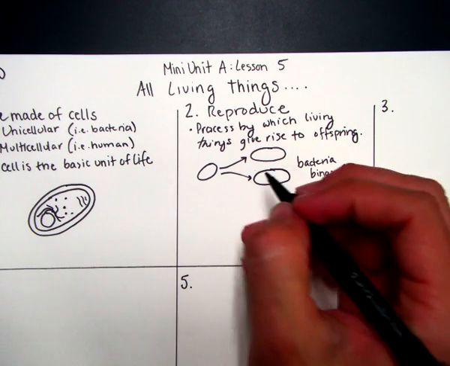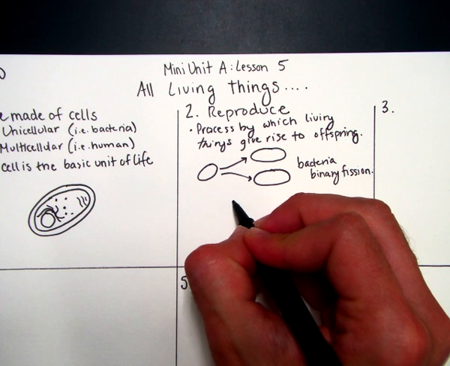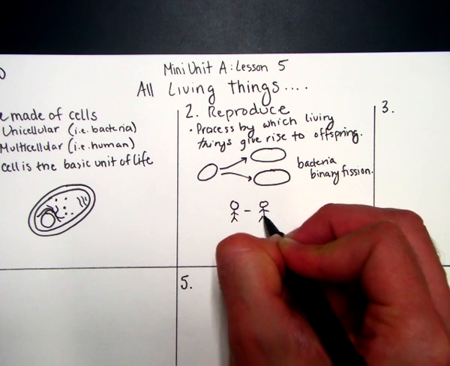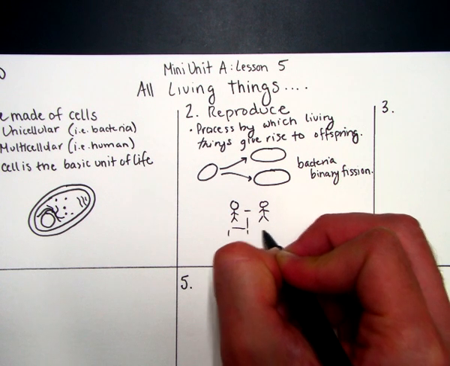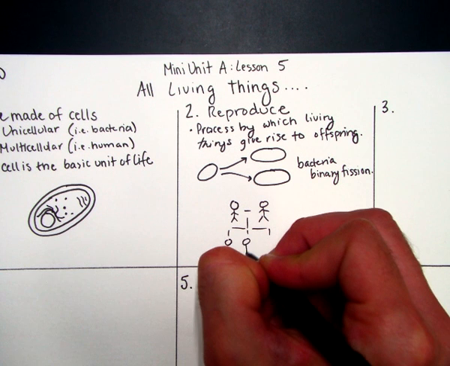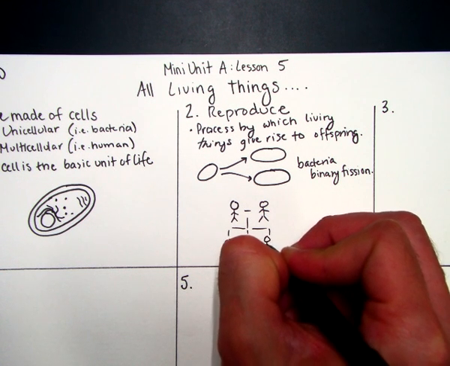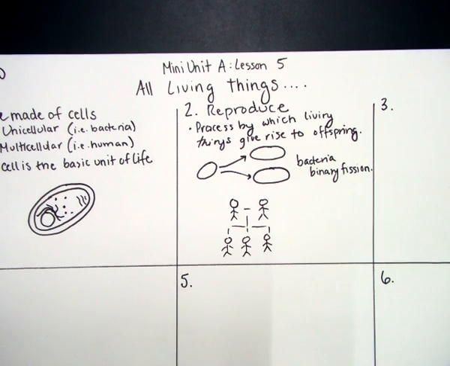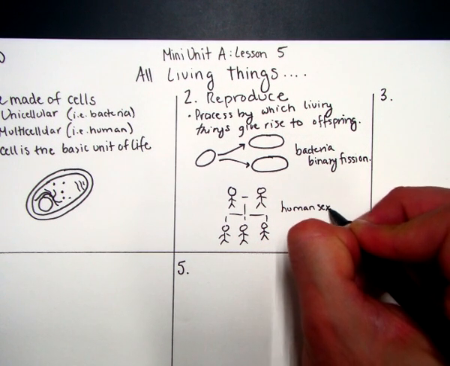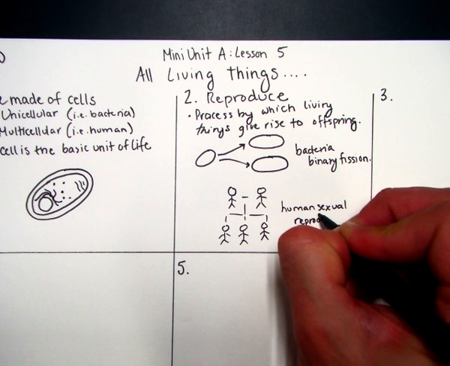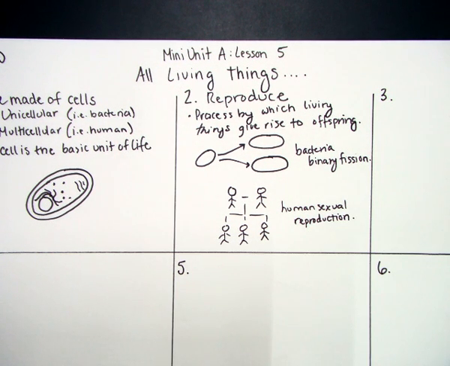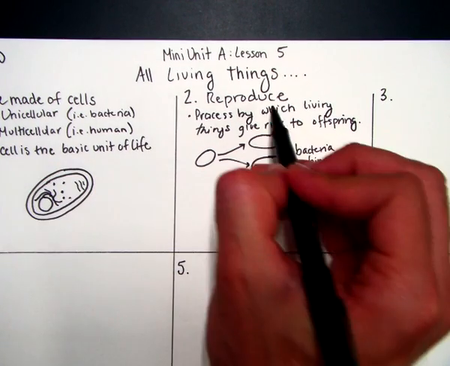Or it can be a more complex process where you have two humans reproducing offspring. Okay. So all living things are made of cells. All living things reproduce.